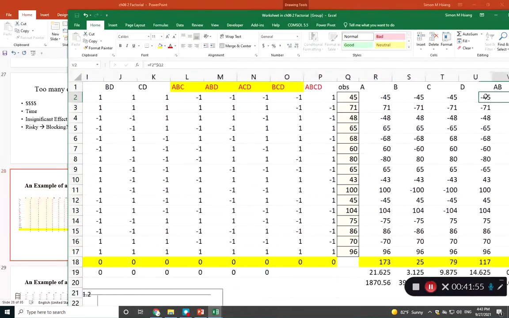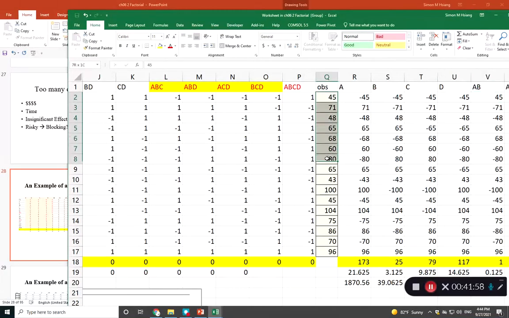Once I have my observations, and this time I'm even lazier, how many repetitions do I have? None. I'm only using 1. So here is my A effect.